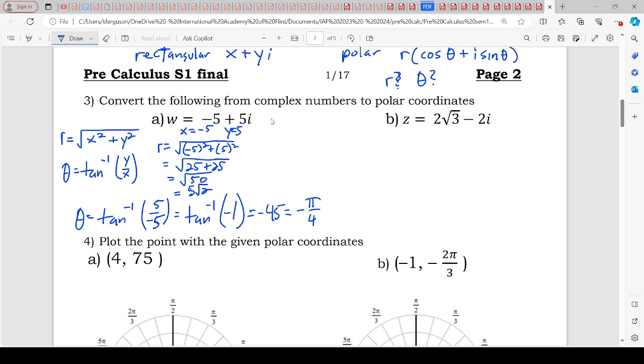My answer is going to be 5 times the square root of 2 times cosine of negative pi over 4 plus i sine. You need to change 45 degrees to radians. You need to know how to do that, and we can cover that because I got it in a question a little lower. So we can go over that again. Minus pi over 4.